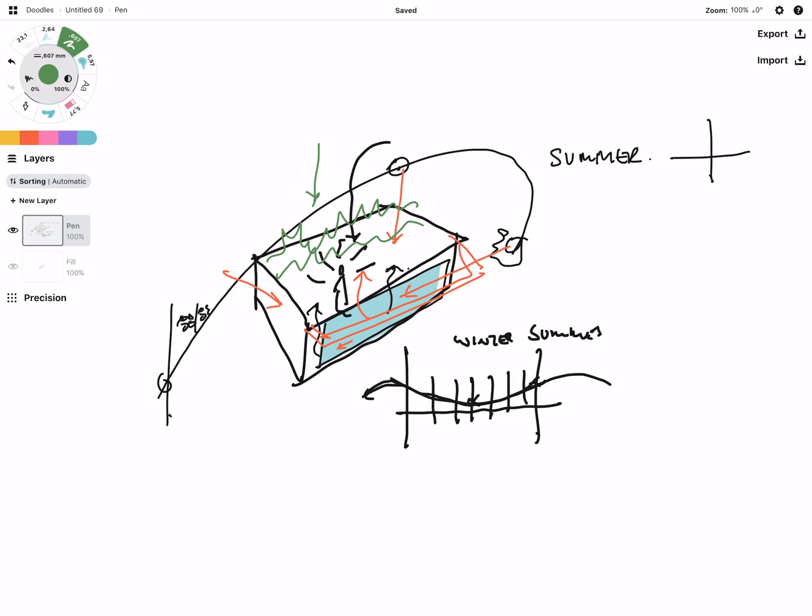So firstly shading, and then the second thing is to allow heat to escape. Heat travels upwards, so the idea is that you could allow heat to escape vertically.